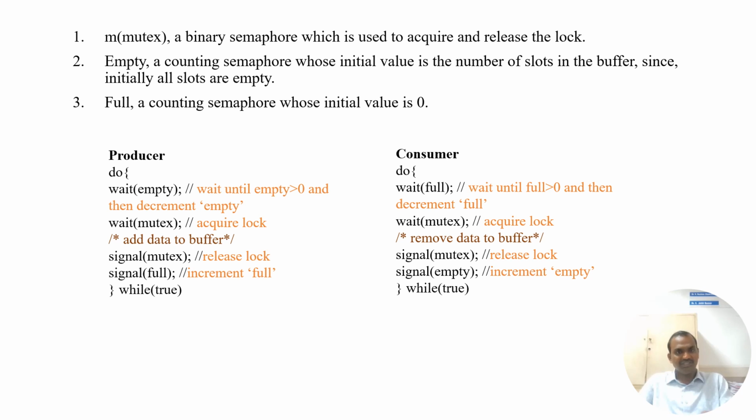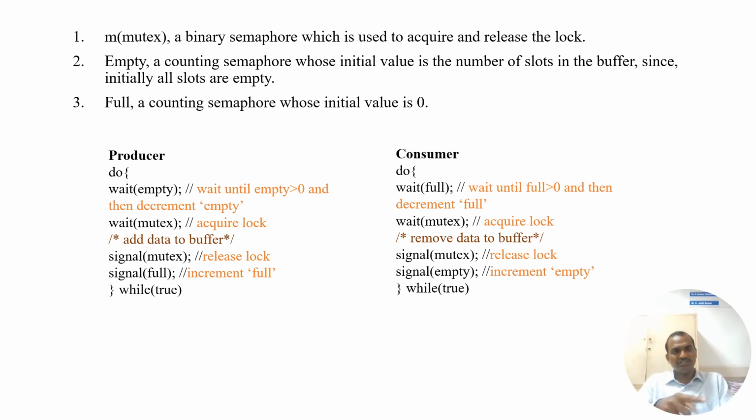Wait until empty is greater than 0, so the slots are empty and the producer can add data into the buffer. Wait of mutex acquires a lock, and signal of mutex releases a lock. Once it is released, the consumer can remove data from the buffer.